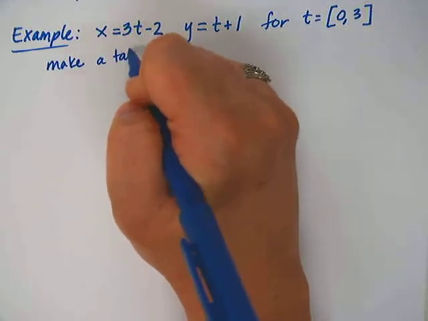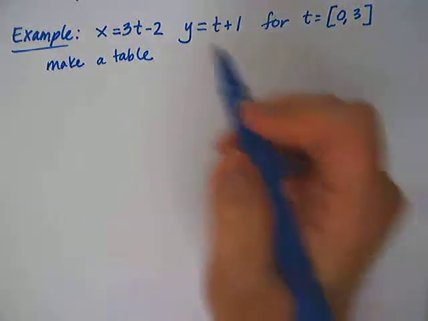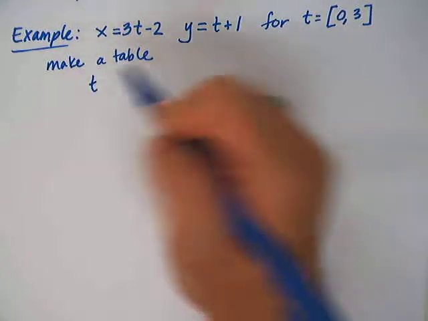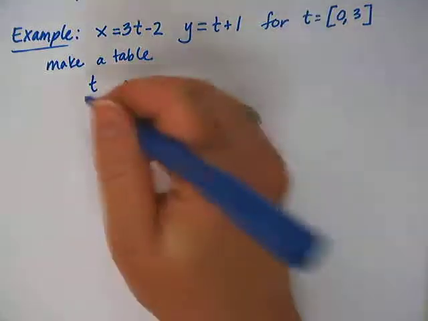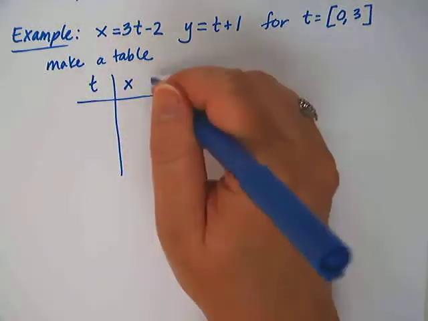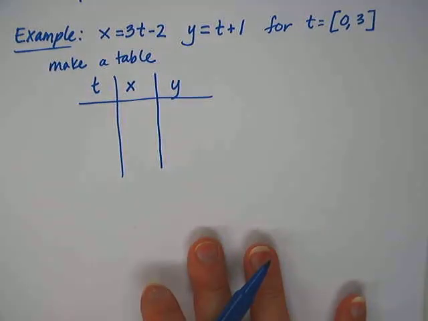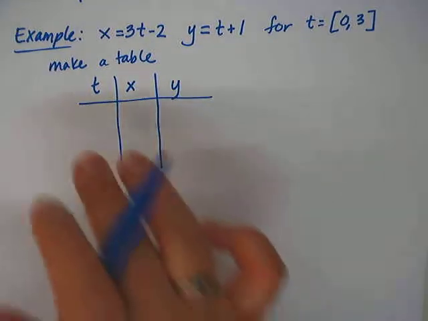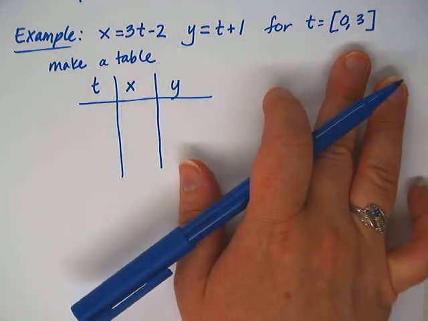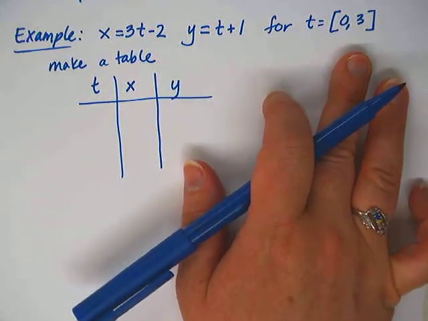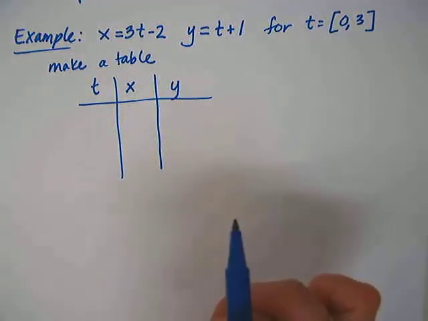So what we're going to do to graph this is we're going to start by making a table. And in our table, we want to have t and x and y. Alright, usually they tell you what to use for t.